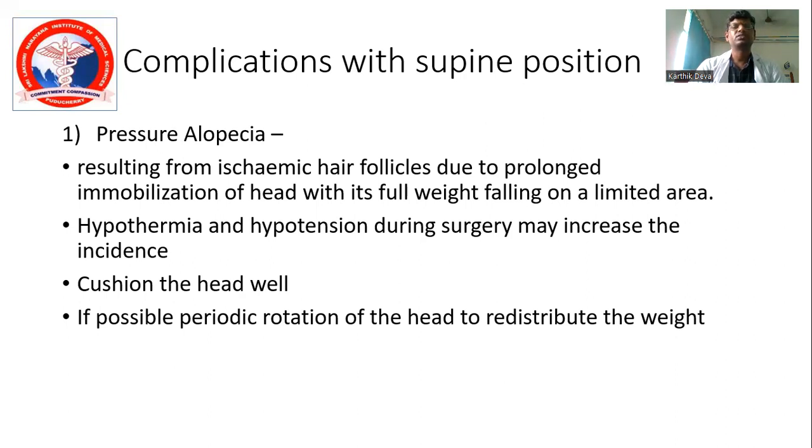Cushion the head well. That is, you should always keep head rings to prevent the pressure falling on a single limited area. If possible, periodically rotate the head to distribute the weight, which can also prevent pressure falling on one particular area, which may lead to ischemic hair follicles and pressure alopecia.